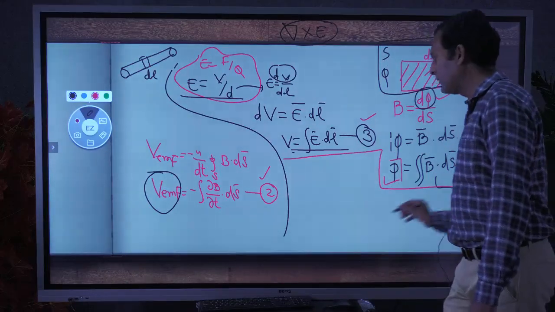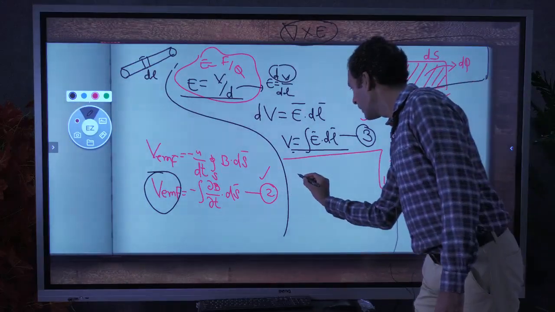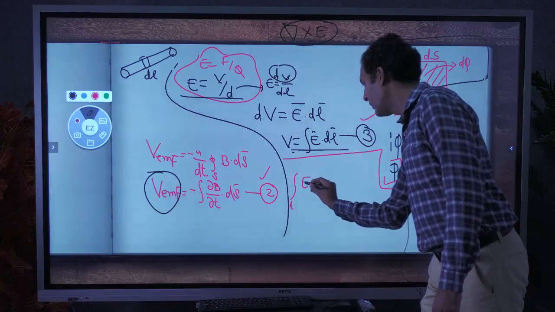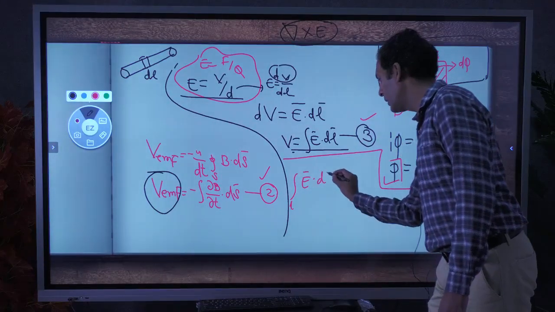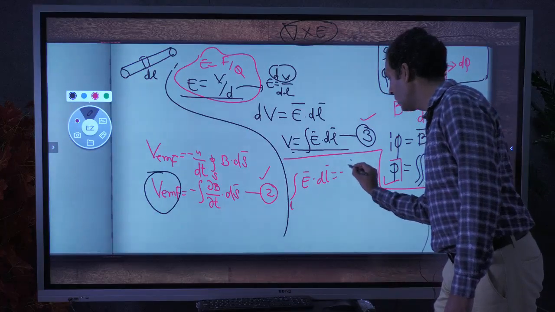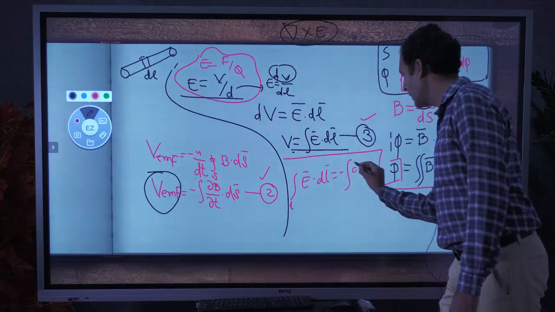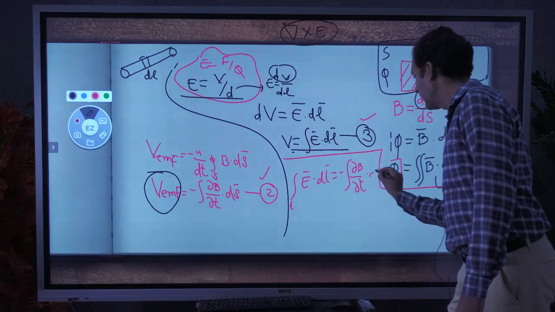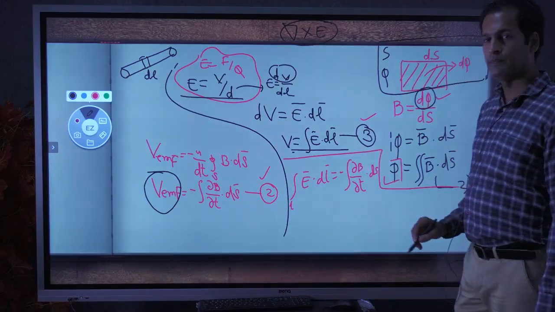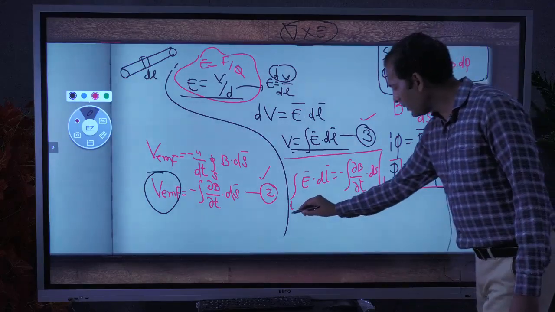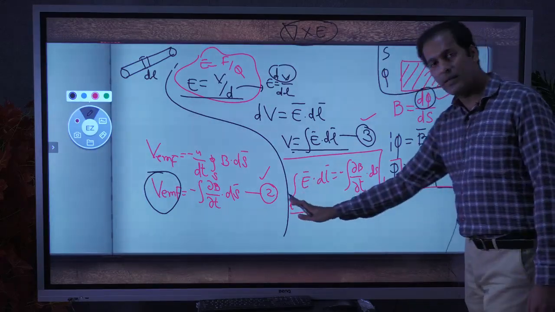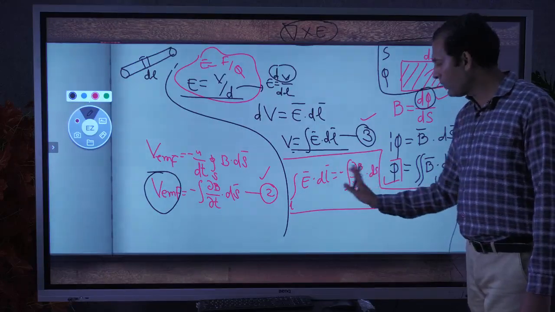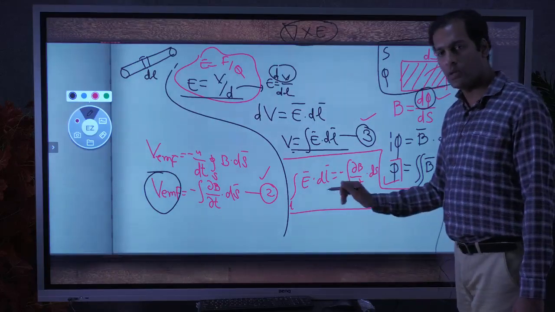We can write integral of, this is line integral of E bar dot dl bar is equal to minus surface integral of dou B by dou t dot ds. So now from here we can see that one side is line integral, another side is surface integral. So we have to make them same for comparing.